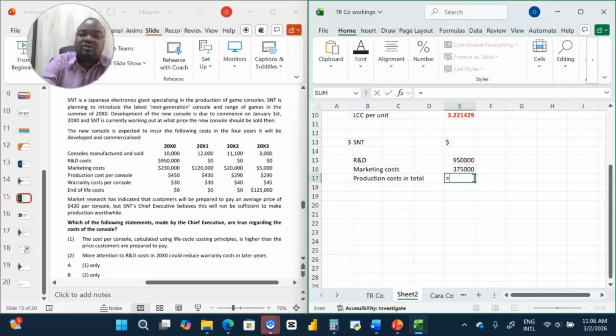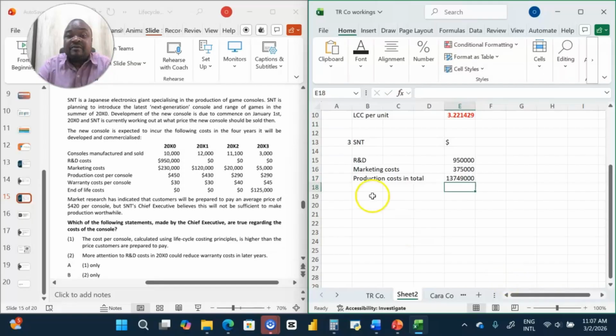Now we are given per console, so we multiply the cost per console by the total number of consoles produced: 450 multiplied by 10,000 in year 1, plus 430 multiplied by 12,000 units, plus 290 multiplied by 11,100, plus 290 multiplied by 3,000 units.